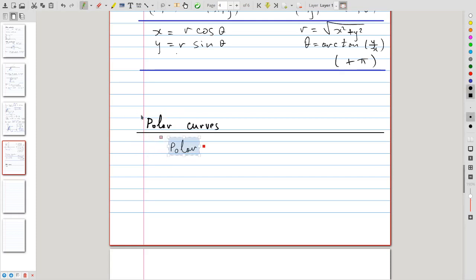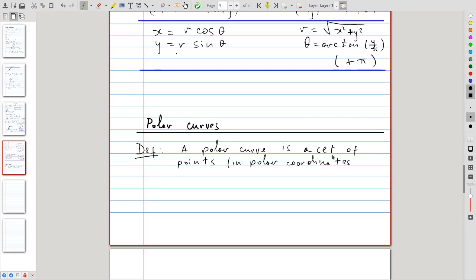described by the following definition. A polar curve is a set of points, of course in polar coordinates, that satisfy the following equation.